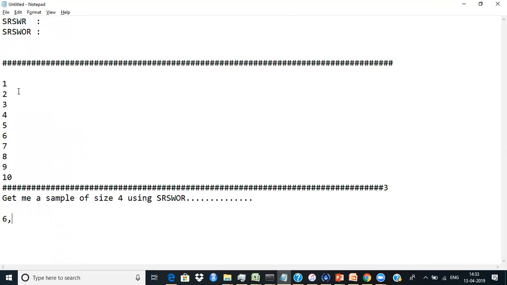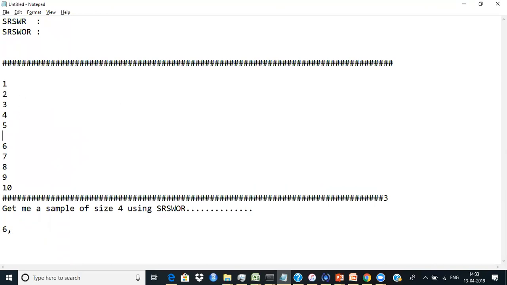Let's say 1, 2, 3, 4, 5 are red, 6, 7, 8, 9, 10 are black. So if I am doing stratified sampling and I define the strata on the basis of the color of the ball, I will first divide the population into two parts on the basis of their color. Now I have basically two populations.